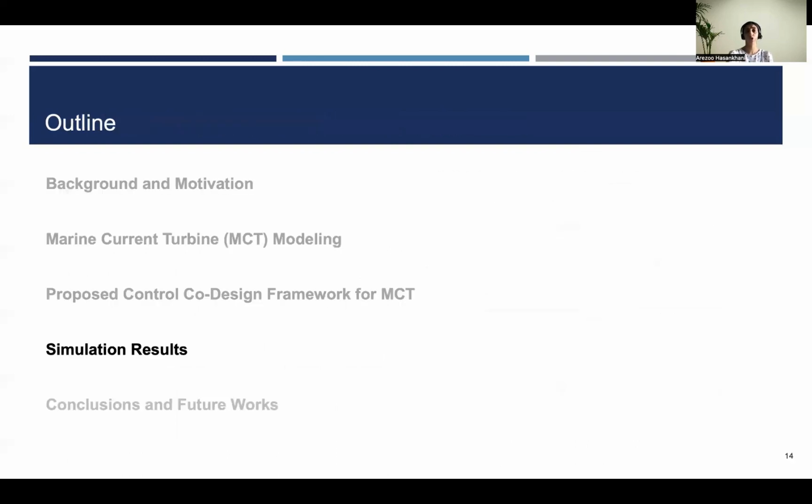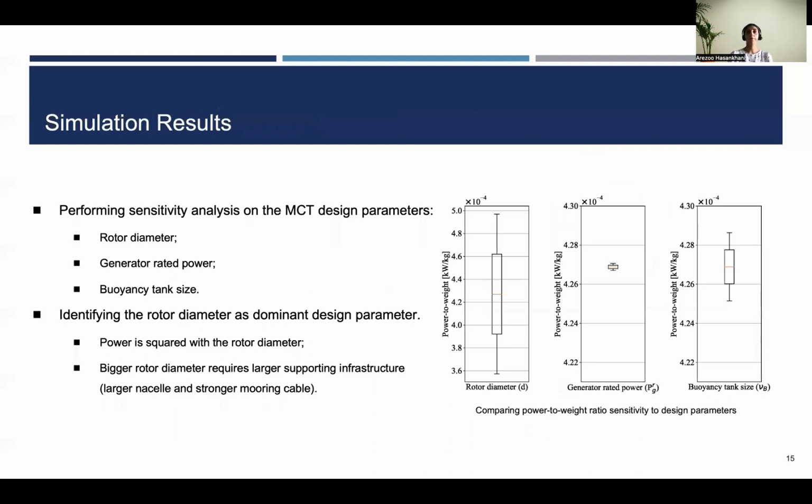Now I want to show you the simulation results. Okay, so the first simulation is related to the sensitivity analysis for our system, where we consider the rotor diameter, generator rated power, and buoyancy tank size as main design parameters, and we want to identify the dominant design parameters between them. So from the results, we can see that the rotor diameter mainly changes the power to weight ratio.